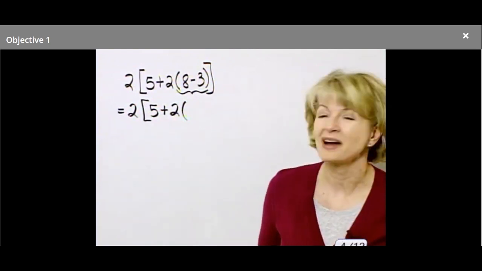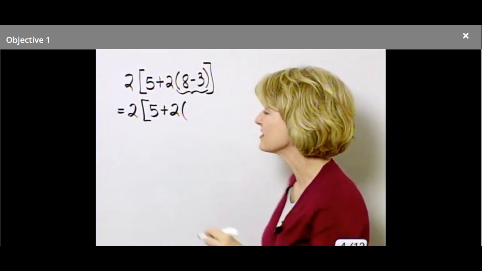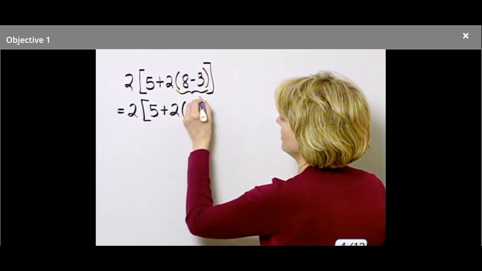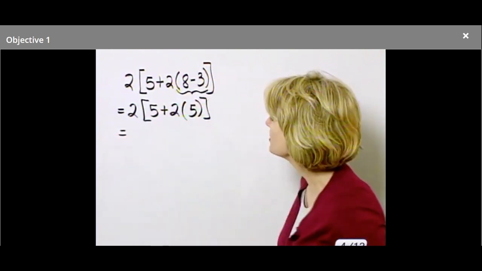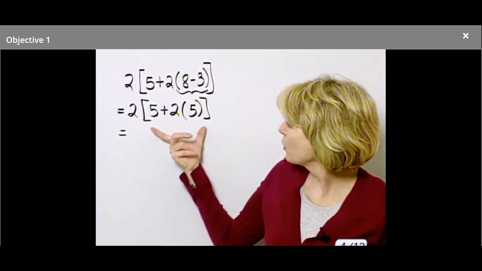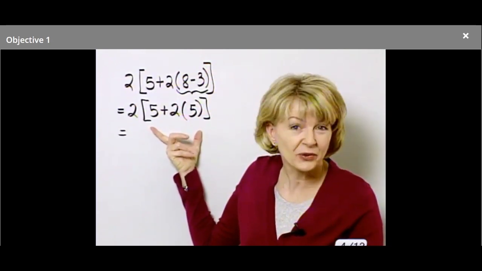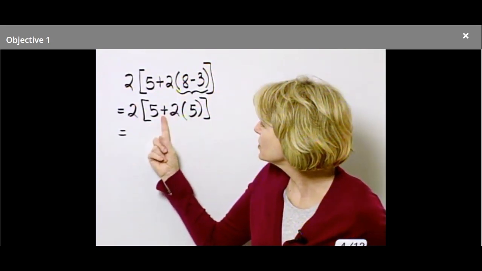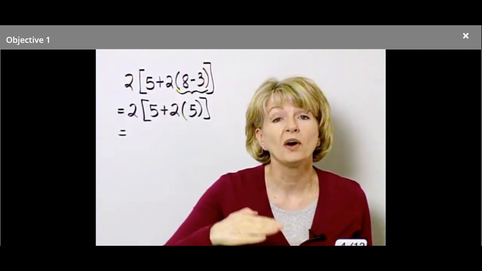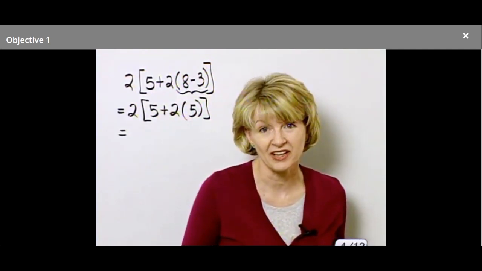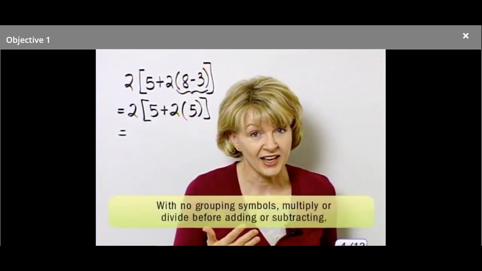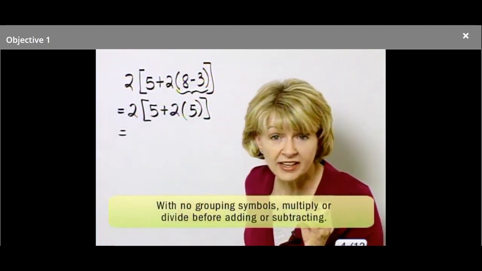So this is 2 bracket 5 plus 2. And then what is 8 minus 3? 8 minus 3 is 5. And then we continue. What do we have now within this set of brackets? Another grouping symbol. We have addition and we have multiplication. What is higher in order of operations? Well, multiplication is, so be very, very careful.